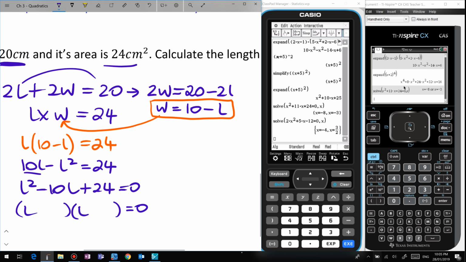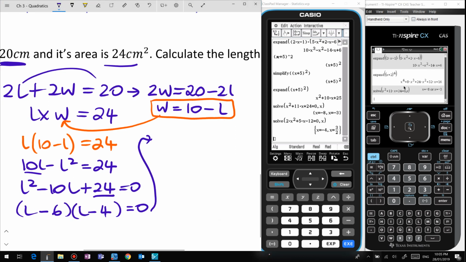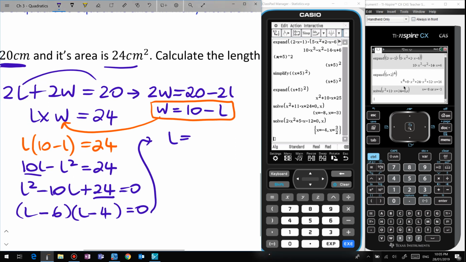Things that multiply to give 24: 6 and 4, when we add them we get 10, but we want to get negative 10, so they're both going to be negative, because when I multiply two negatives they become positive. When I add two negatives they stay negative. So from here we get L is equal to 6 or 4.